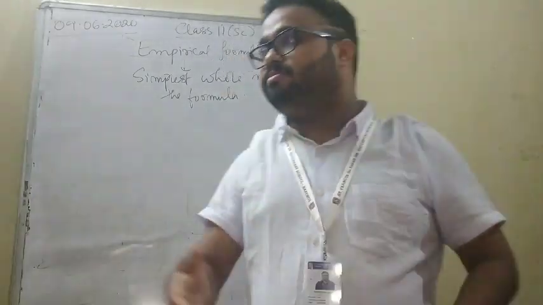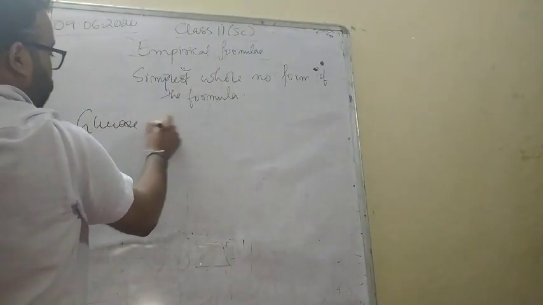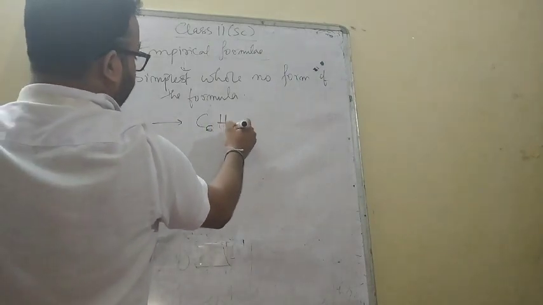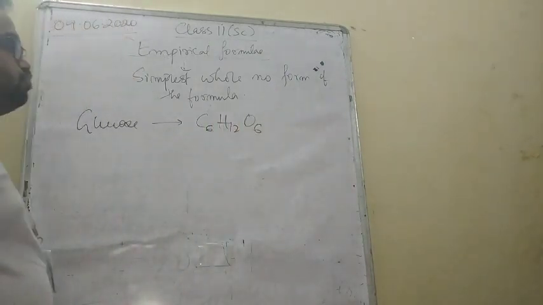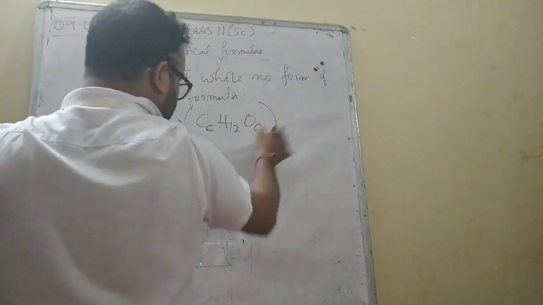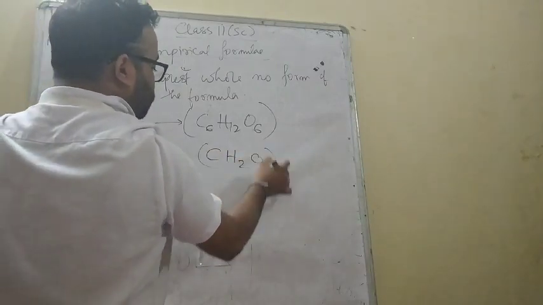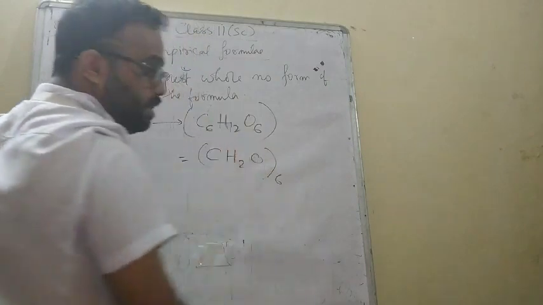If I explain in some simple words, the formula of glucose is C6H12O6. You can write this as CH2O, times 6. 6 you can take common.